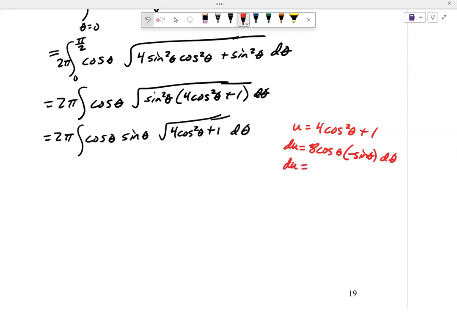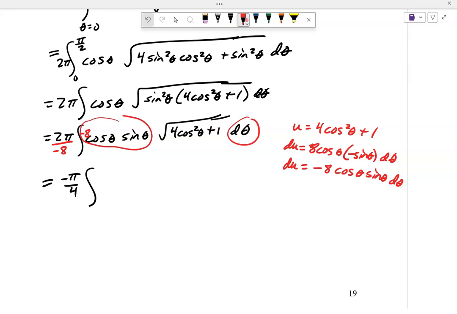So du is negative 8 cosine sine d theta. So I need a negative 8. Let me give it a negative 8. Let me offset it. And here's my du part. So we just got the square root of u du.